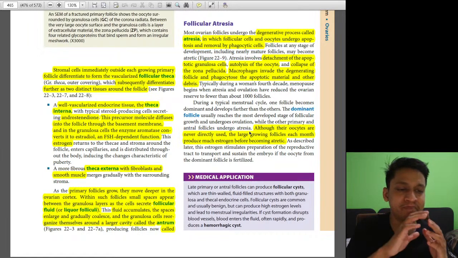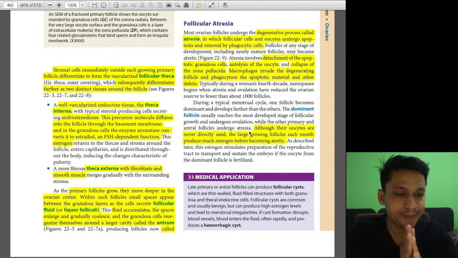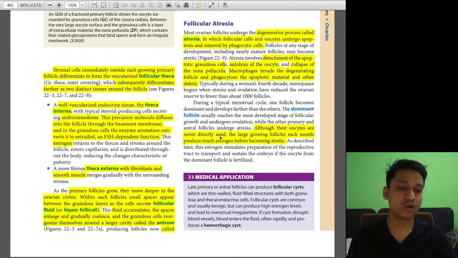Although their oocytes are never directly used, the large growing follicles each month produce much estrogen before becoming atretic. As described later, this estrogen stimulates preparation of the reproductive tract to transport and sustain the embryo if the oocyte from the dominant follicle is fertilized.